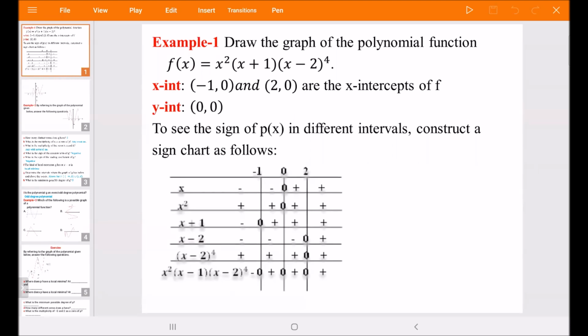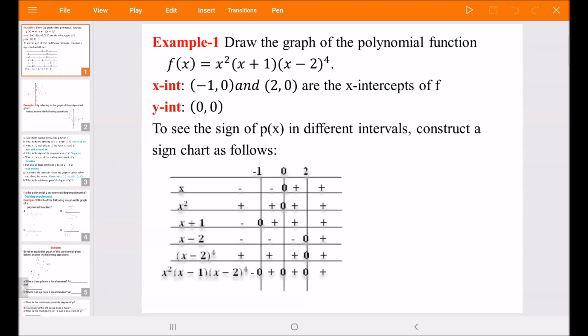So the first step, determining the x-intercepts of this function, is simple because you set these factors equal to 0 and you can determine the x-intercepts, or the points where the graph of this polynomial touches or crosses the x-axis. So in this case, set x squared equal to 0, x plus 1 equal to 0, x minus 2 equal to 0.